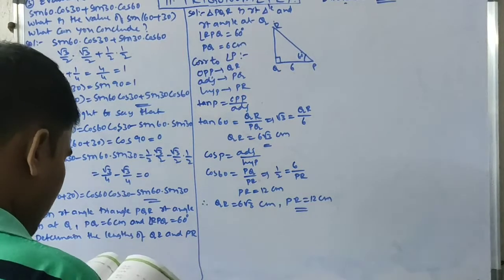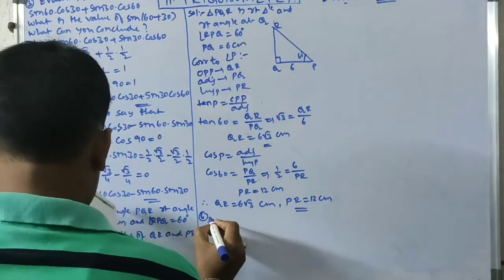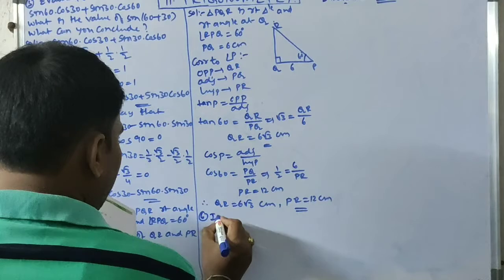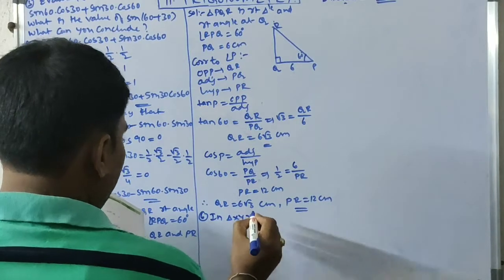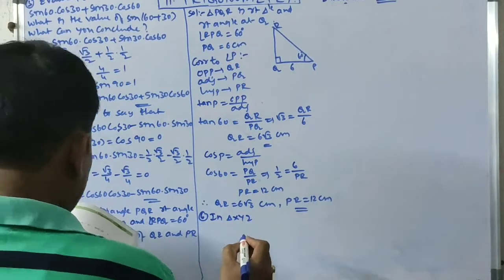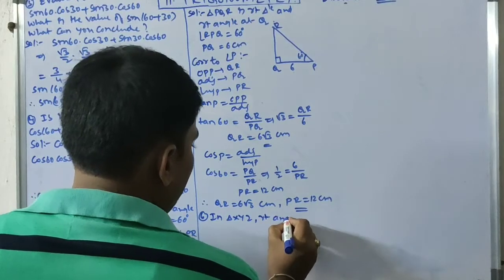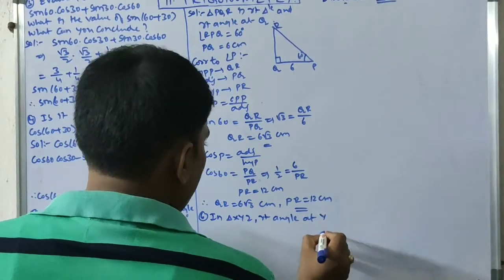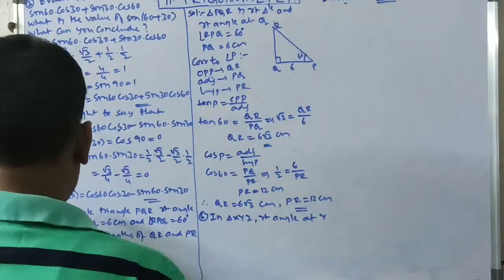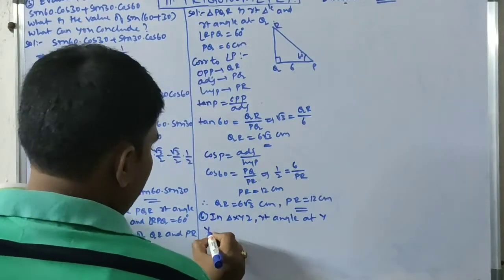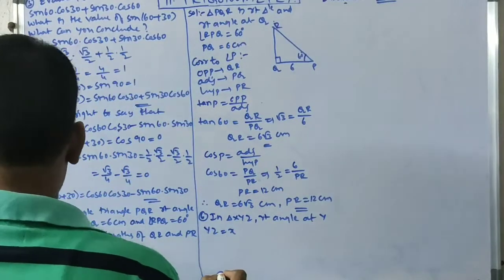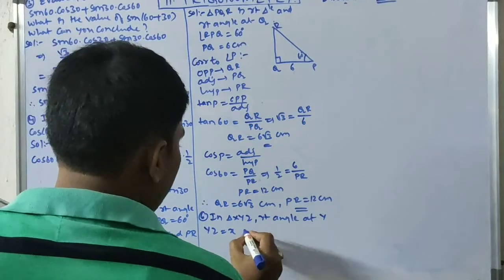Sixth. In triangle XYZ, right angle at Y, YZ equals x and XZ equals 2x.